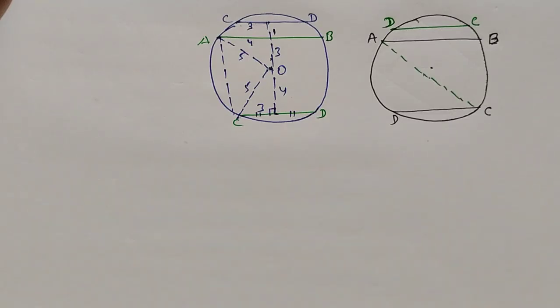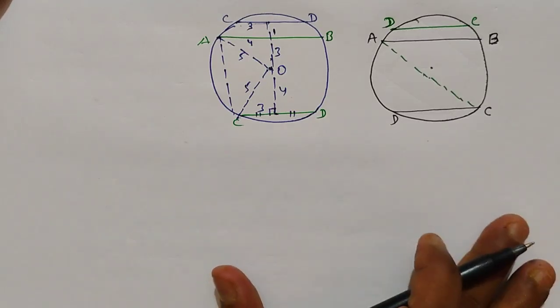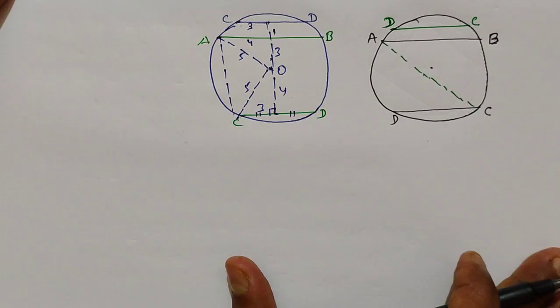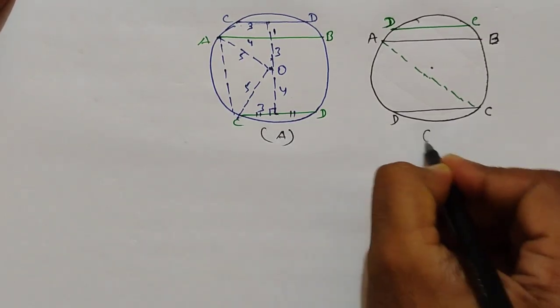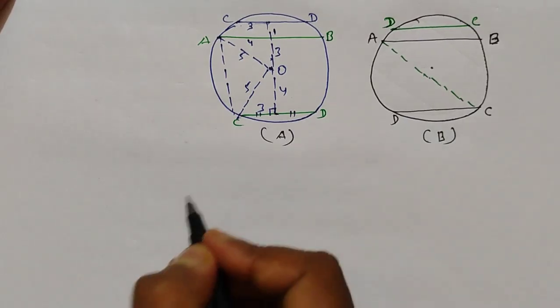So in the first diagram, this is diagram A, and we are naming this diagram B.